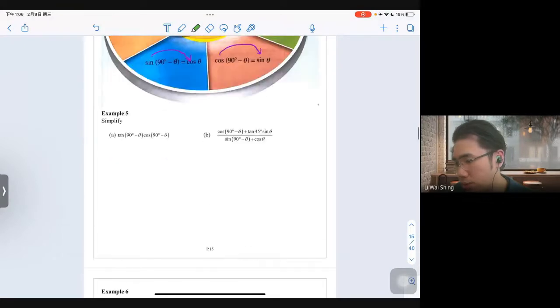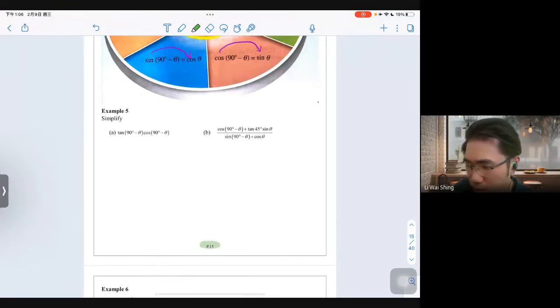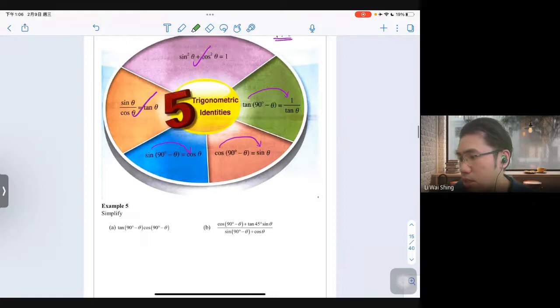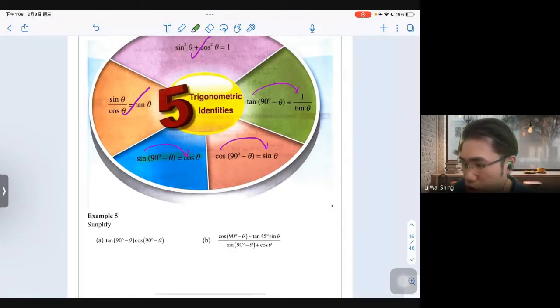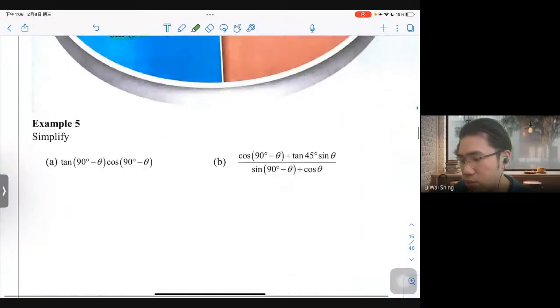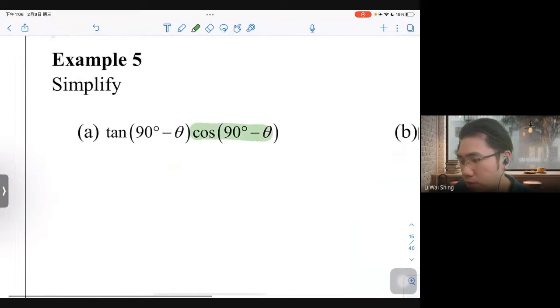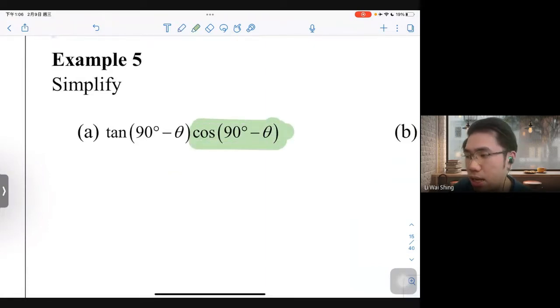For example, the most important part starts from page 15. You need to know how to do a conversion. For example, if sin 90 degree minus theta is given, or cosine 90 degree minus theta, or tangent 90 degree minus theta, you need to know what to convert it to. Okay, you need to know this.